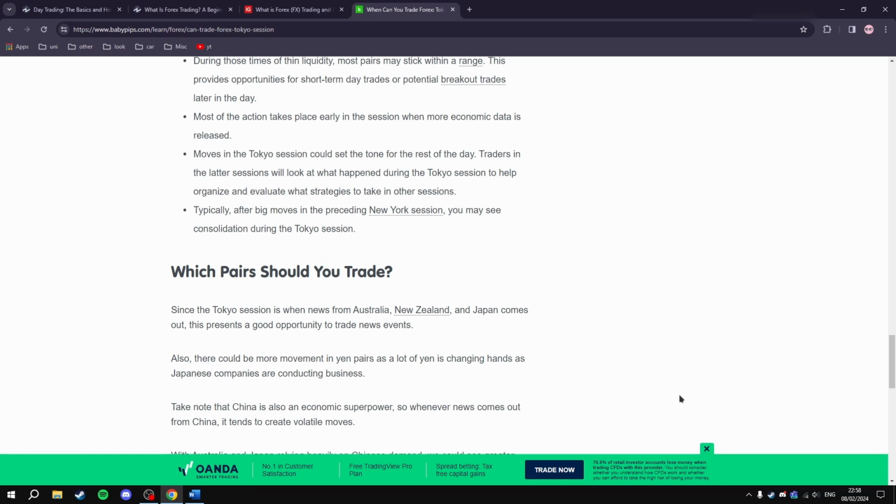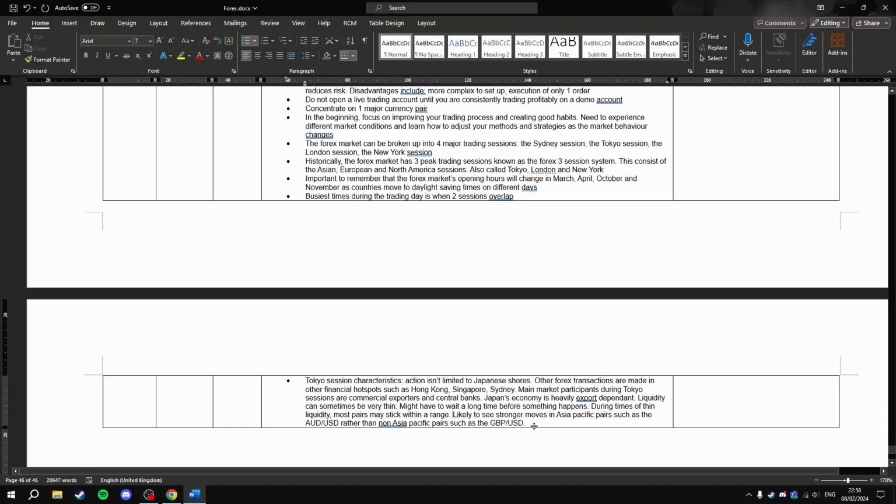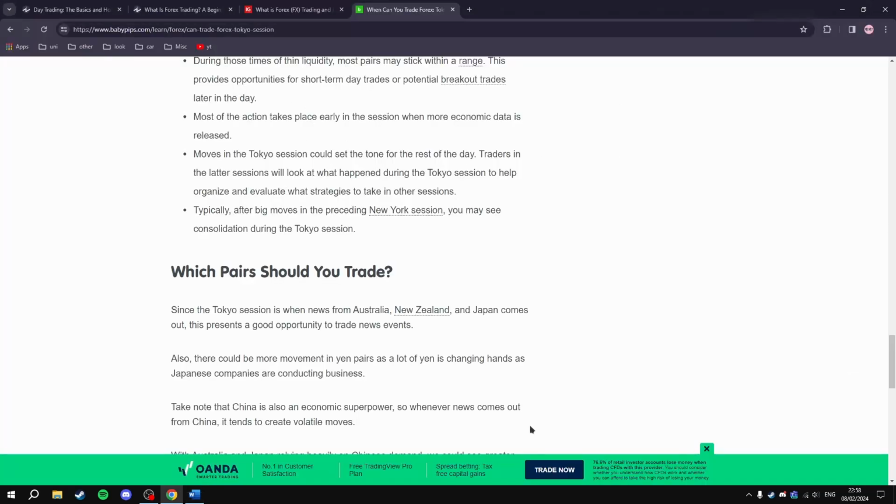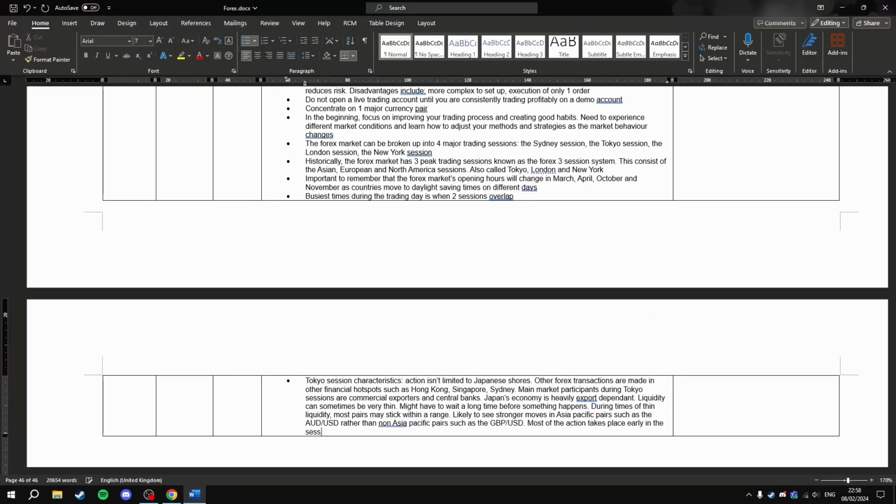Most of the action takes place early in the session when more economic data is released.